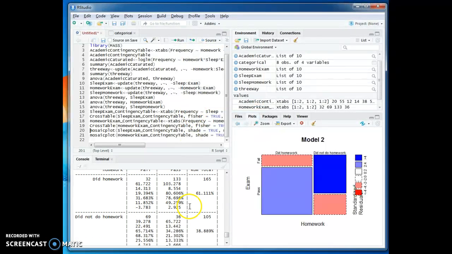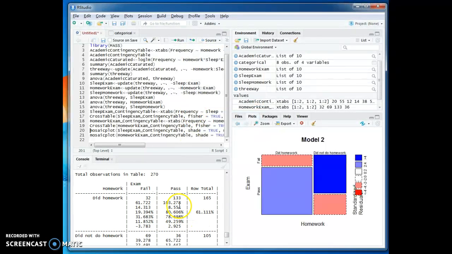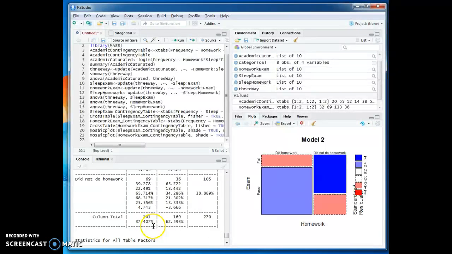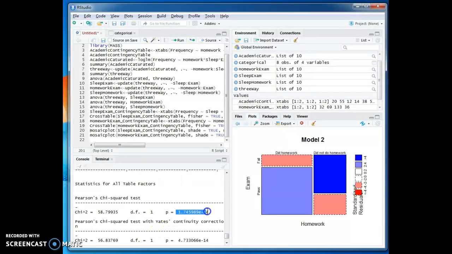We can see right here that people who did their homework are more likely to pass the exam, and people who did not do their homework are more likely to fail their exam. The p-value is also significantly less than 0.05.